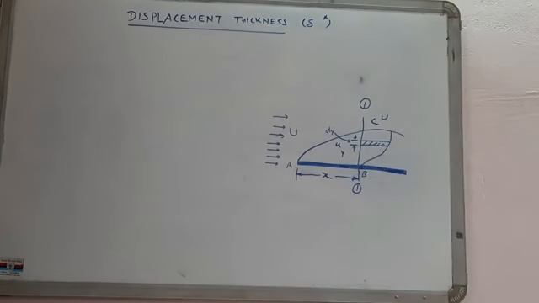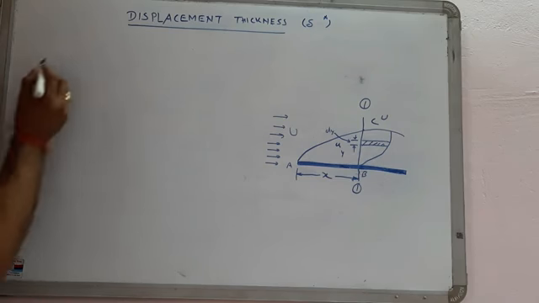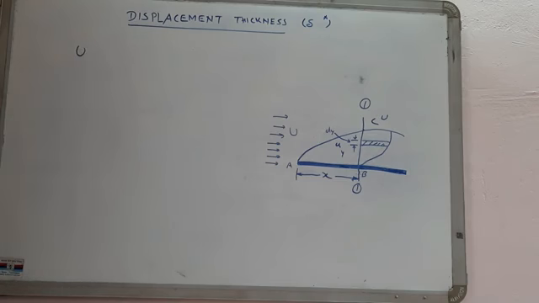If there had been no plate, then the fluid would have been flowing with a constant velocity equal to the free stream velocity U at section 1-1.